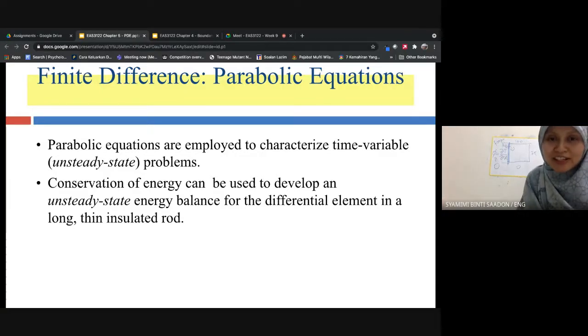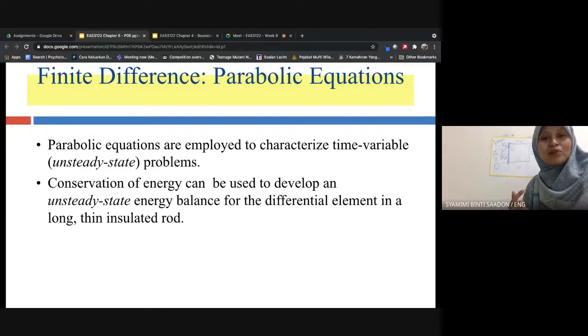Parabolic equations are employed for time-variable, unsteady state problems. Remember, elliptic equations are applied for steady state, meaning the function is independent of time, which is normally the ideal solution.